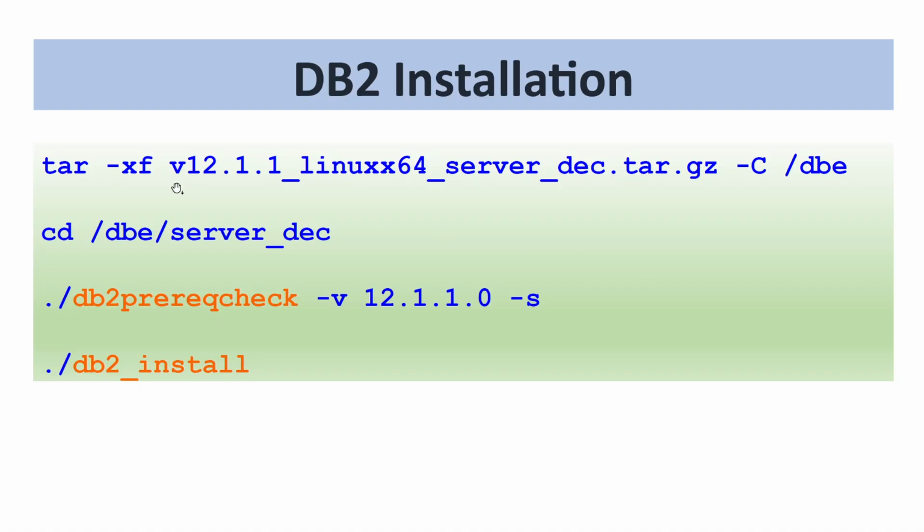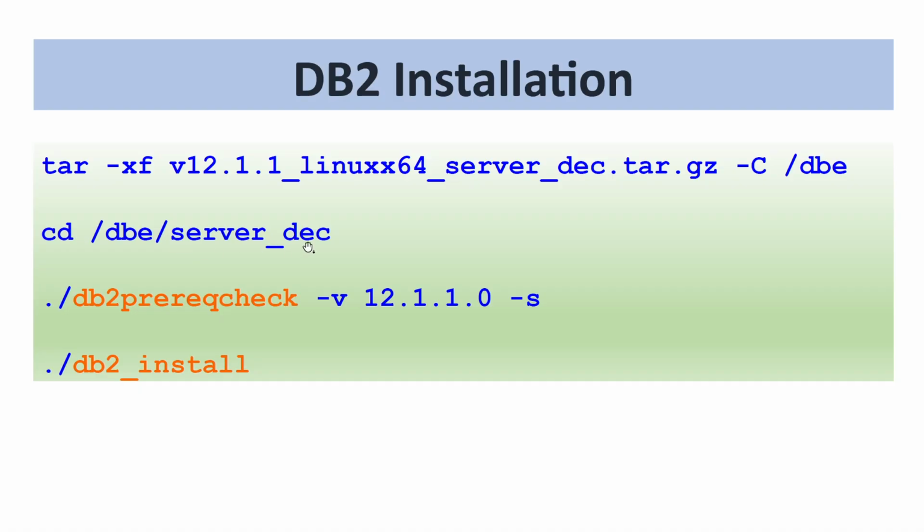The software that you download will look something like this. It will be a zip file. Untar that file to a directory. Once you untar it, you will find a new directory called server_dec. Server means it's the database server software, and DEC stands for Developer Community Edition.